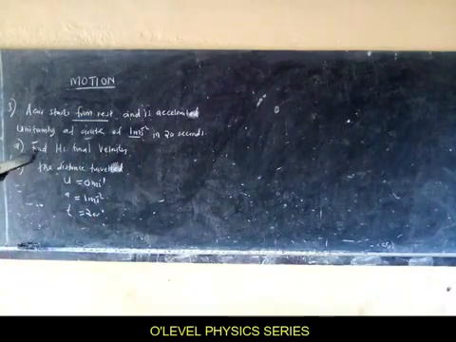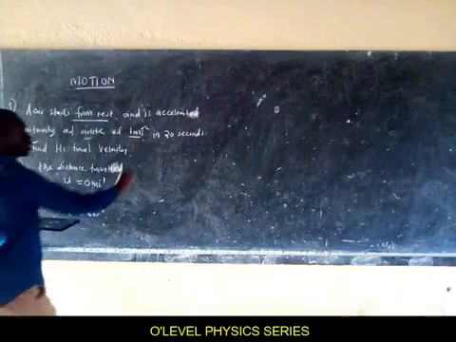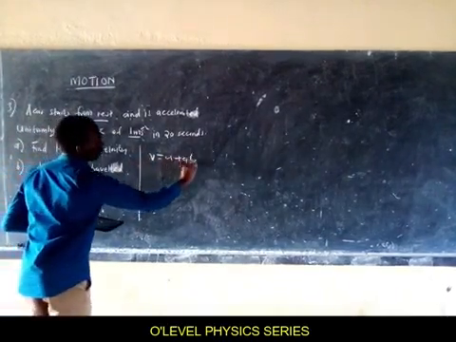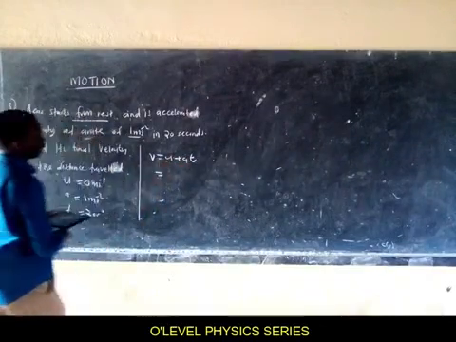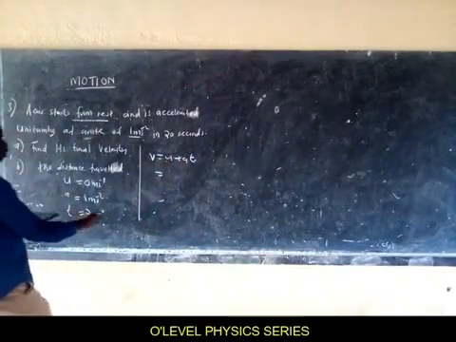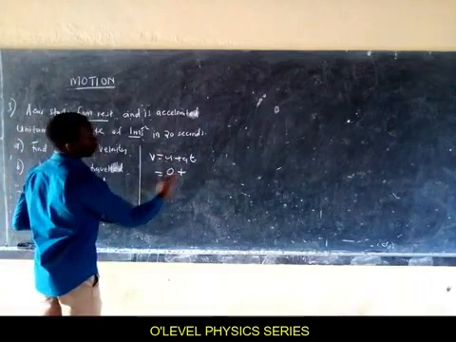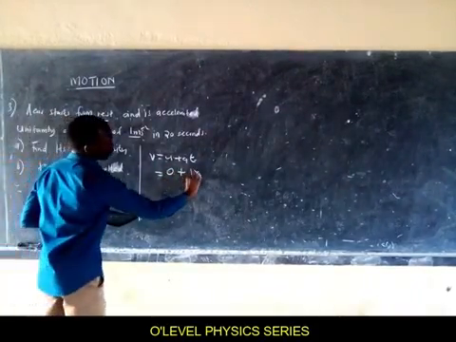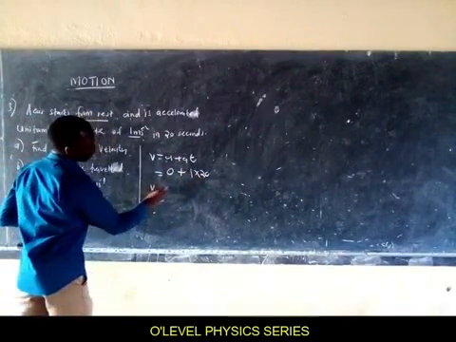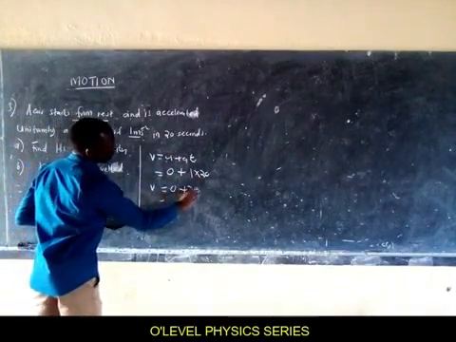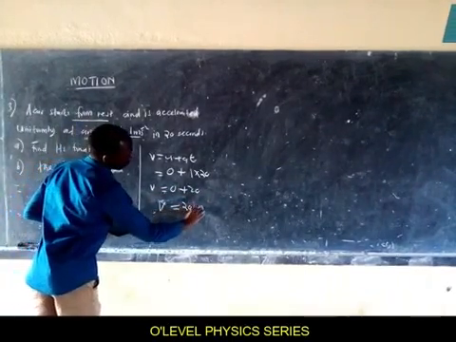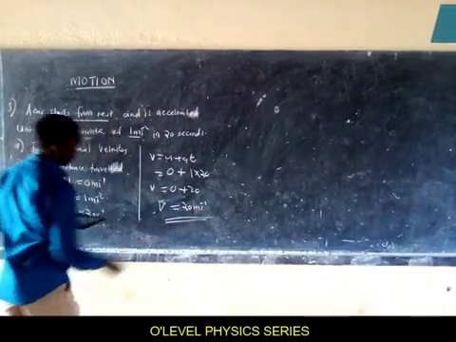Then they say find the final velocity. For this one, you would use v equals u plus at, where u is 0. Why is it 0? Brought from rest. The acceleration is 1 times 20, which is 20, giving us 0 plus 20. Therefore, our final velocity becomes 20 meters per second.